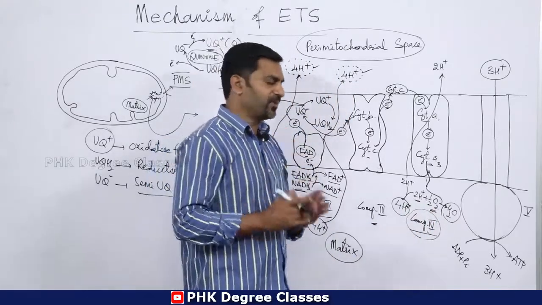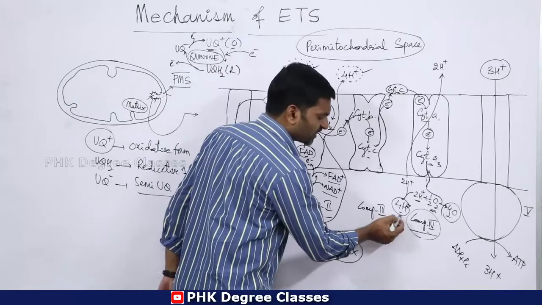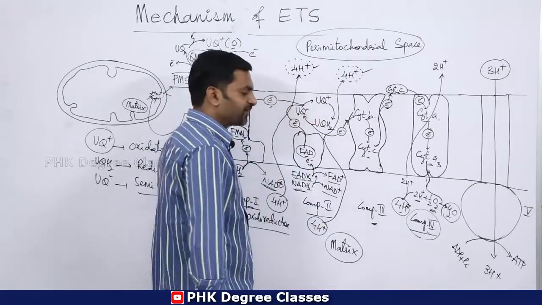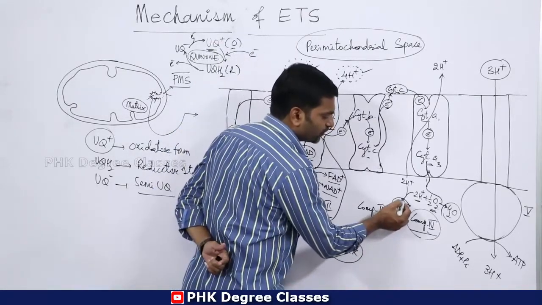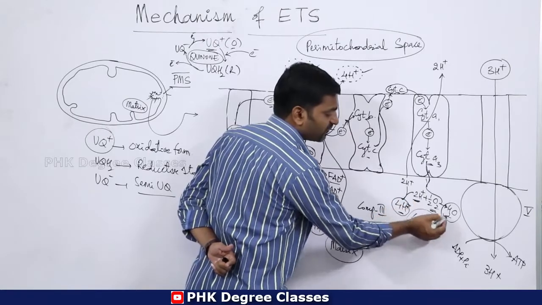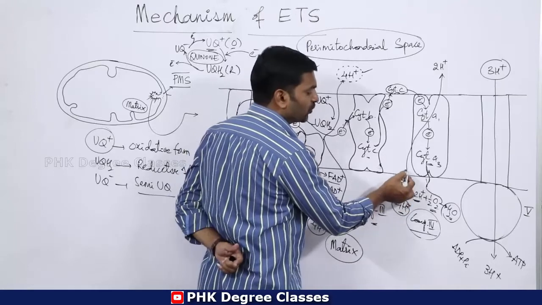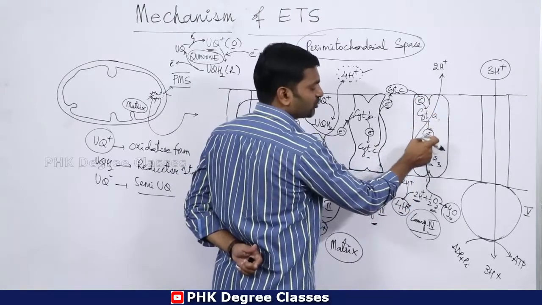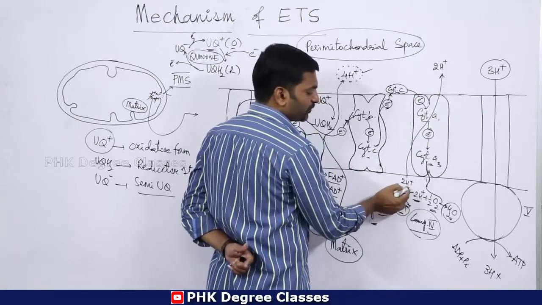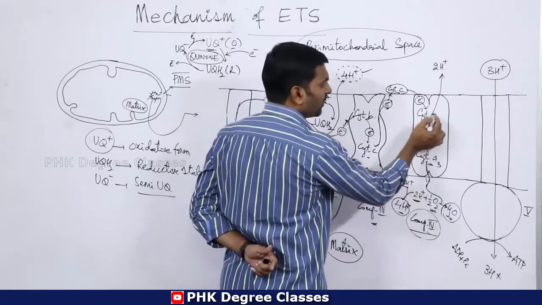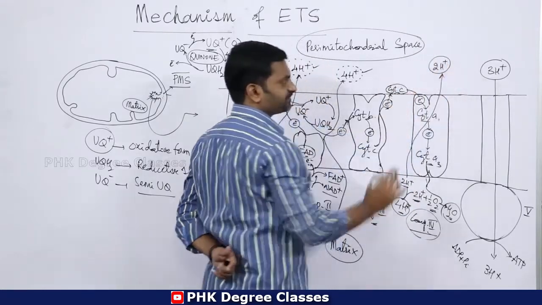Clear? So remember, there are 4 protons in the matrix of mitochondria. Out of 4 protons, 2 protons are utilized for the formation of water. And the remaining 2 protons move whenever there is electron movement in complex 4. These 2 protons move from the matrix to the perimitochondrial space.